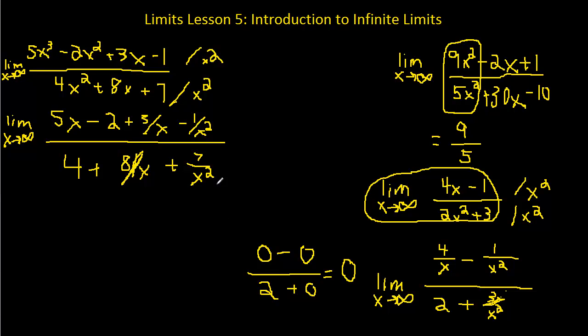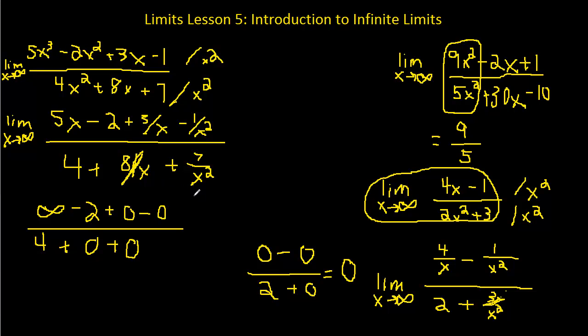Now again, we have something kind of crazy here, but all we do is look what happens when we go to infinity for each term and break it down. So we get, as x goes to infinity, for 5 times x, we just get infinity, minus 2, then if x is in the denominator, plus 0, minus 0, and on the bottom we get 4 plus 0 plus 0.